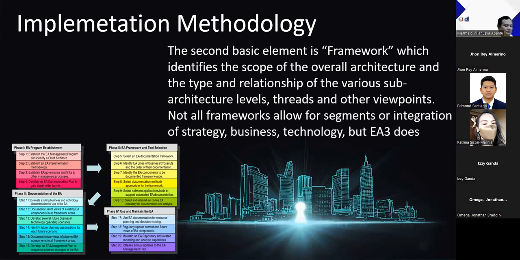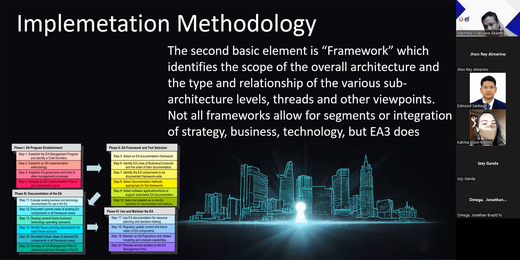Step one is to establish the enterprise management program and identify a chief architect. Step two, establish an EA implementation methodology. Step three, establish an EA governance and links to other management processes. While step four, develop an EA communication plan to gain stakeholder buy-in.